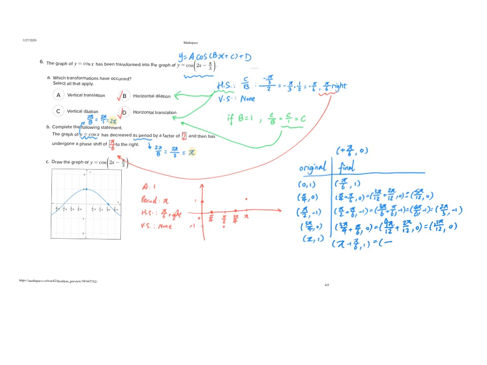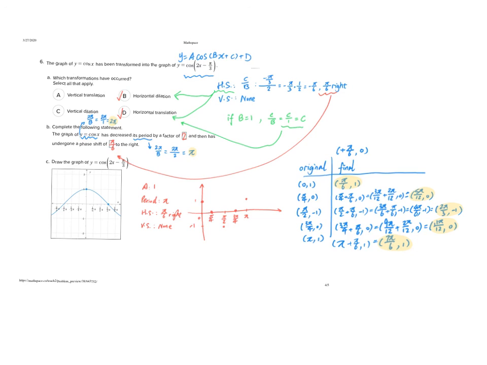The least common denominator is 6. 6 pi plus pi, 7 pi over 6 and 1. So those are your final points: pi over 6, 1; 5 pi over 12, 0; 2 pi over 3, negative 1; 11 pi over 12, 0; and 7 pi over 6, 1.